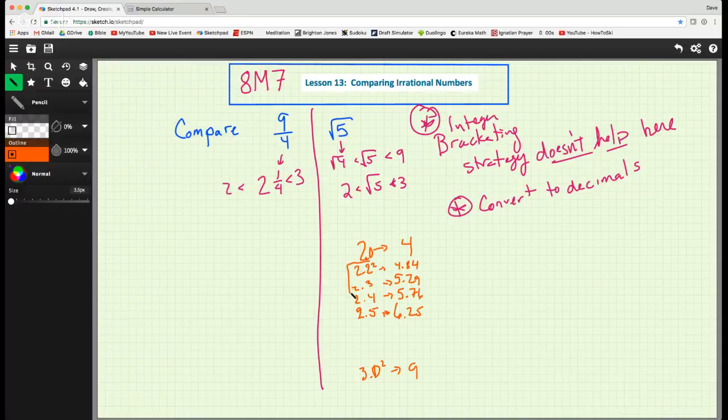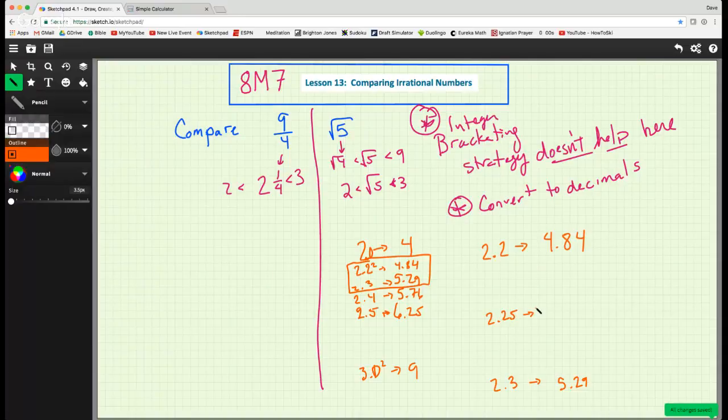So there's my bracket. 2.3 is too big and 2.2 is too small. So I know I'm between 2.2 and 2.3. So let's write that down here. 2.2 gives me 4.84 and 2.3 gives me 5.29.